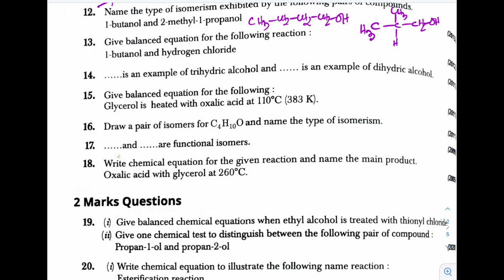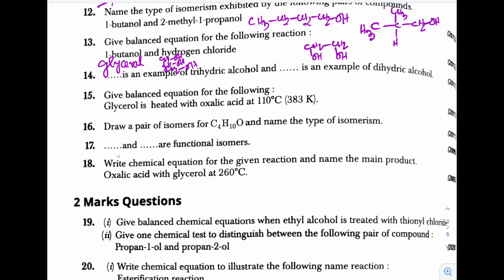This one, glycerol, CH2OH, CHOH, CH2OH. And the dihydric alcohol is ethylene glycol. Its structure is CH2OH, CH2OH.